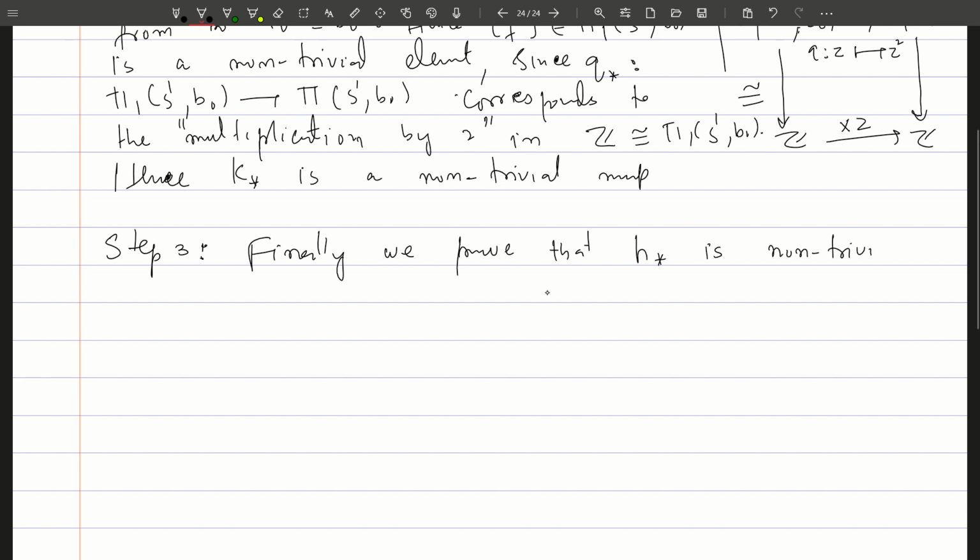Now showing H star is non-trivial means H is not null homotopic, so that H cannot be null homotopic.